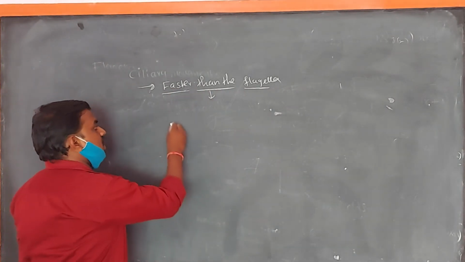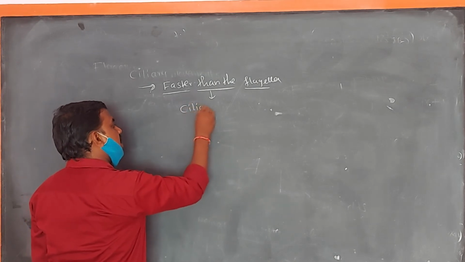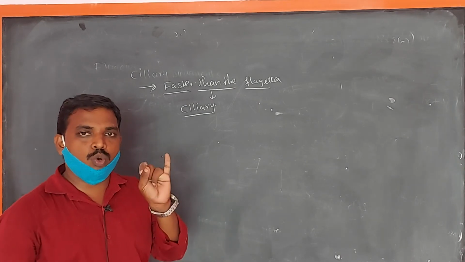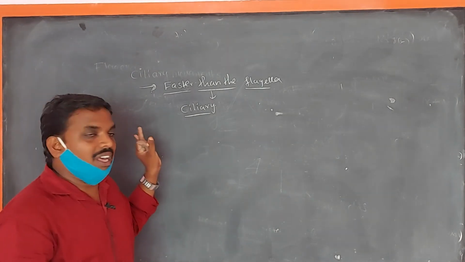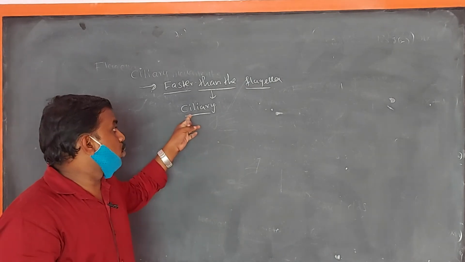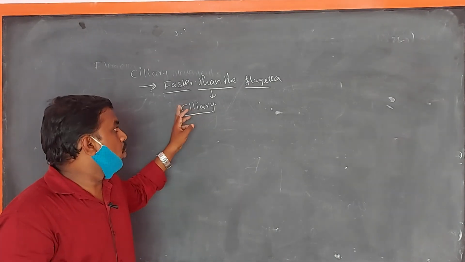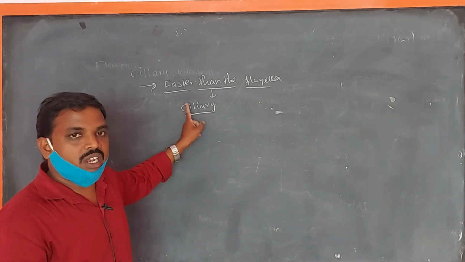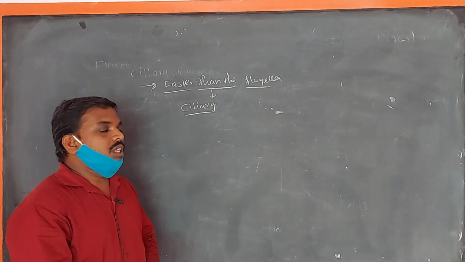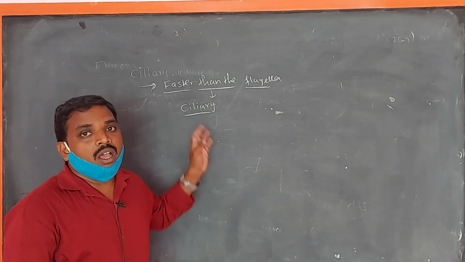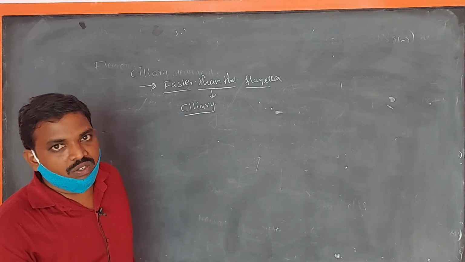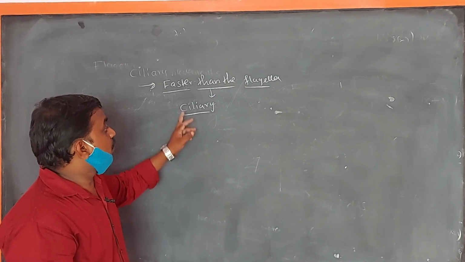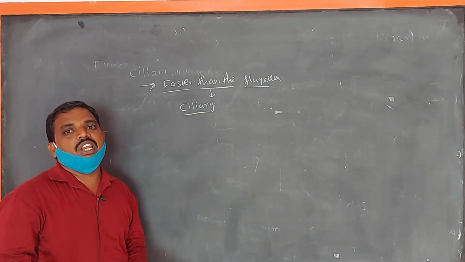So the fastest locomotion is the ciliary locomotion when compared to the other locomotory structures like pseudopodia, flagella and myonemes, and the fourth locomotory structure is the cilia. So of these four types, the fastest locomotion is the ciliary locomotion, and the slowest locomotion is the pseudopodia or amoeboid locomotion. It is the slowest type of locomotion. The fastest locomotion is the ciliary locomotion.